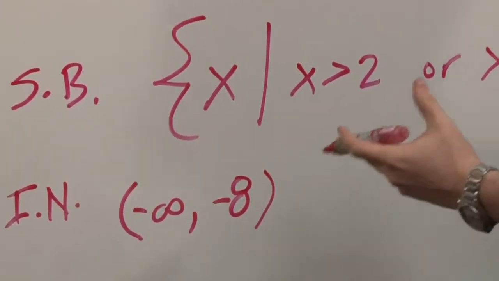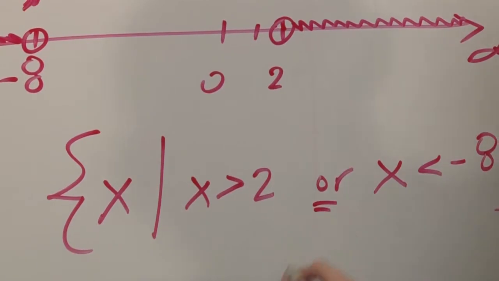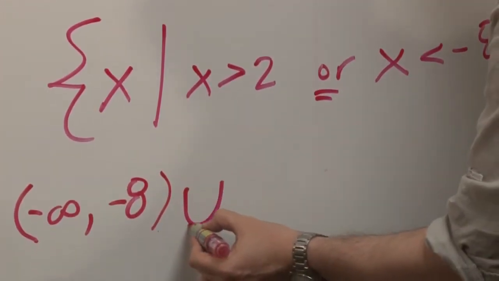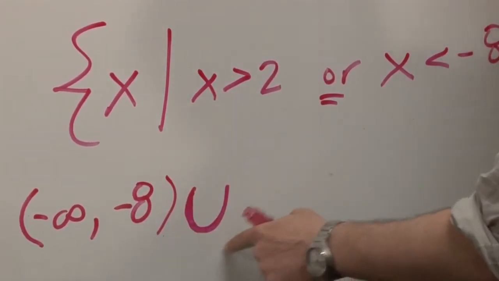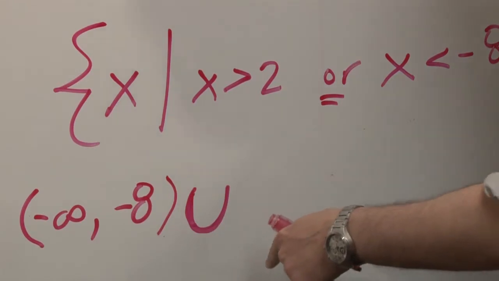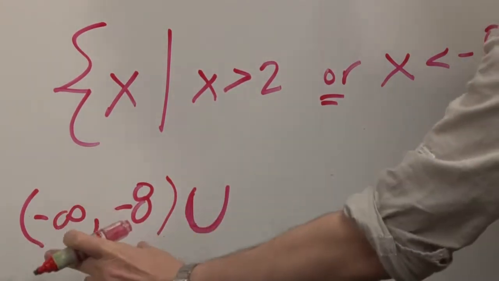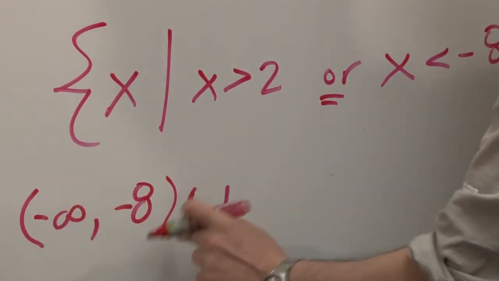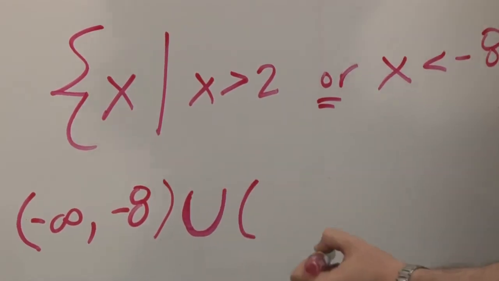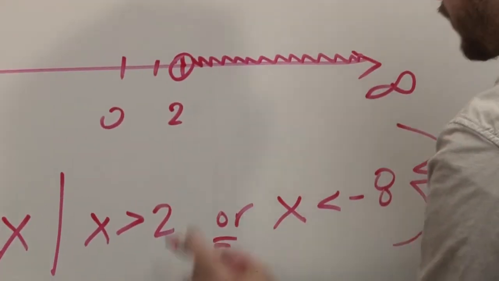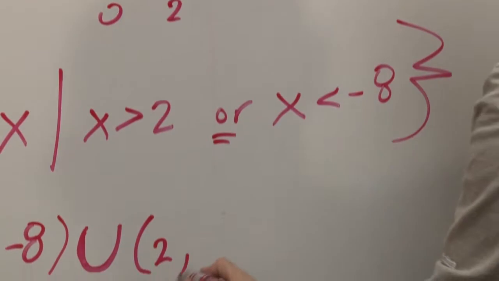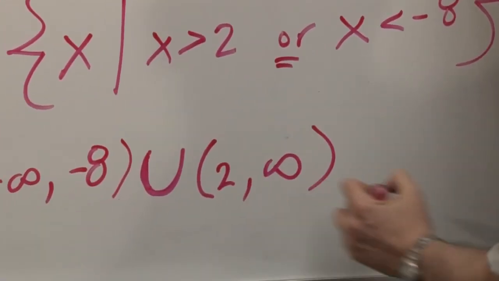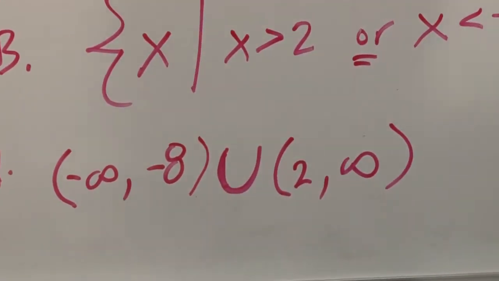And then because we're saying it's or, we have to use our interval notation set union, which means or. So it's the interval from negative infinity to negative 8, or numbers that are on the interval from 2 to positive infinity. And those are the solutions.